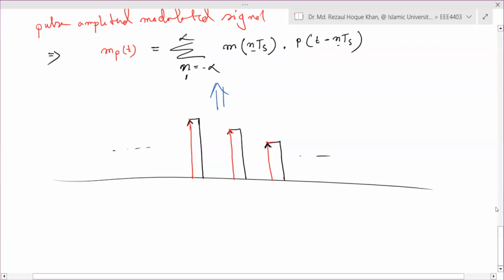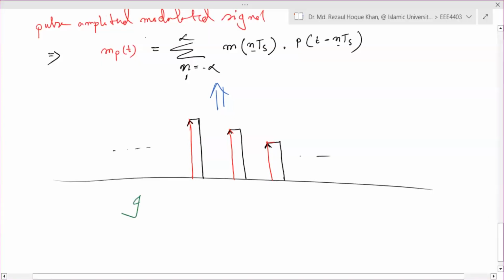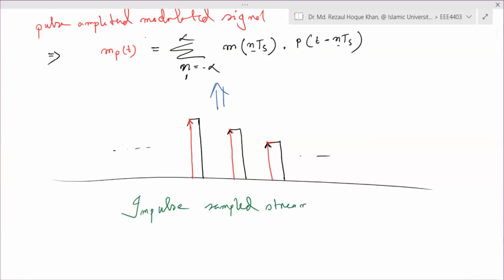So this signal can be written as an impulse sampled stream. You see, these are not only the impulse stream. If it were an impulse stream, it would be impulse, impulse, impulse, with similar height.